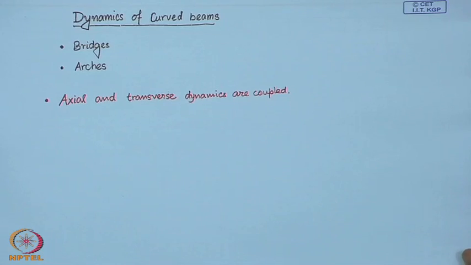So, we had made some simplifying assumptions when we formulated the dynamics. We assumed that the beam is still planar, though it is curved in a plane. We assumed that the deflection is much smaller than the thickness of the beam, and the thickness in turn is much smaller than the curvature, which was assumed to be a constant.